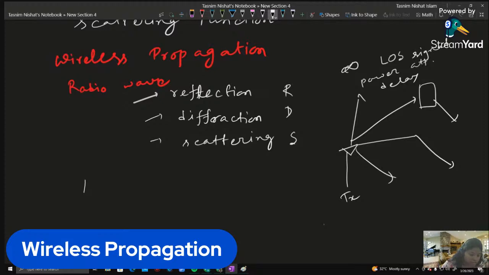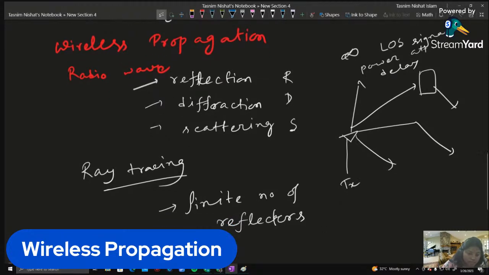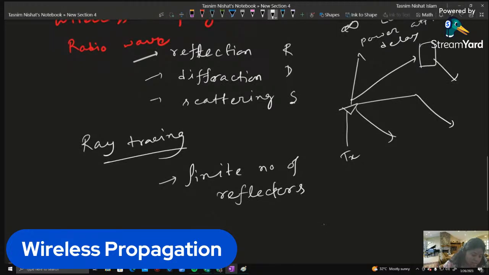But in our case, for ray tracing, we consider a finite number of, say, reflectors. So we consider a few variables. One is a finite number of reflectors, and then known location and known dielectric property.